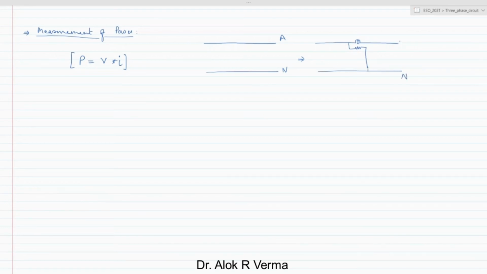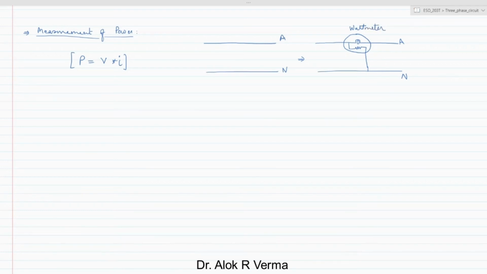So this is neutral, this is line wire A, and this is the representation of the wattmeter. So we are not going into the internal design and other things, but we know how to connect this wattmeter across the phases to get the power done. So this is wattmeter.